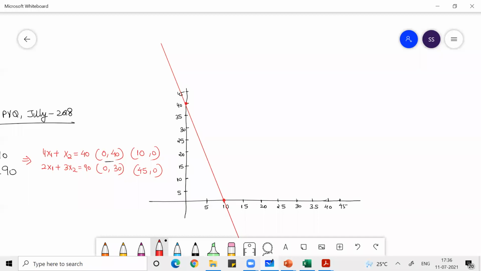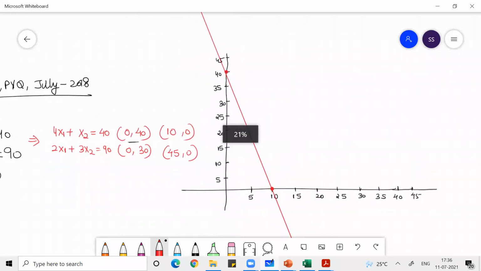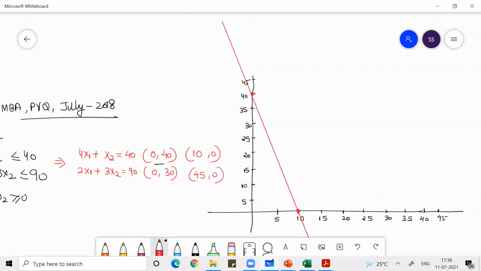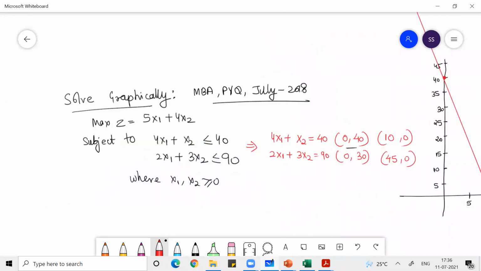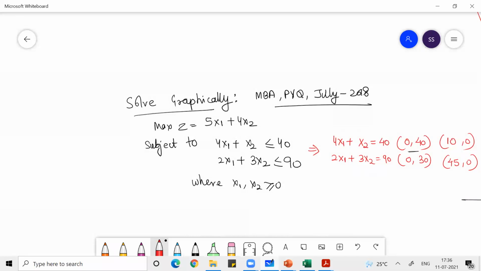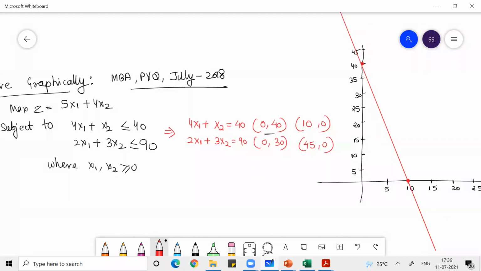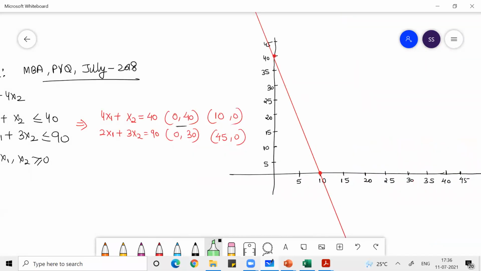Once you have drawn the line, guys, it doesn't mean your work is done. You have to see the inequality sign of your constraint. Initially, you ignore that inequality sign, right? Now you need to look into that inequality sign. The inequality sign of the constraint is less than or equal to. So less than or equal to means what would be that area? Everyone knows this would be the area below the line.